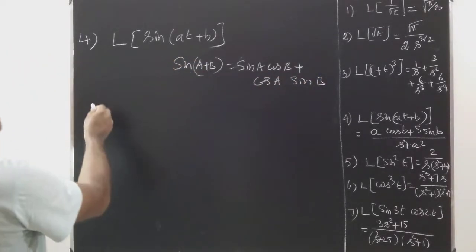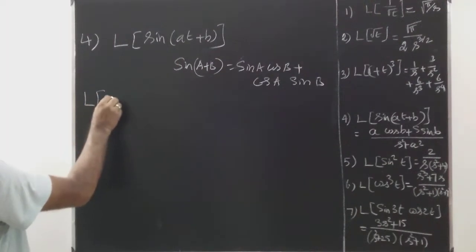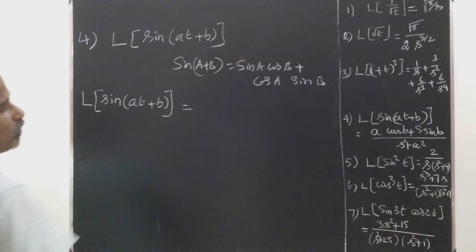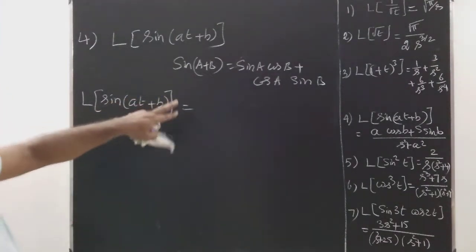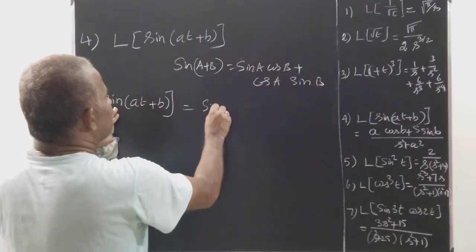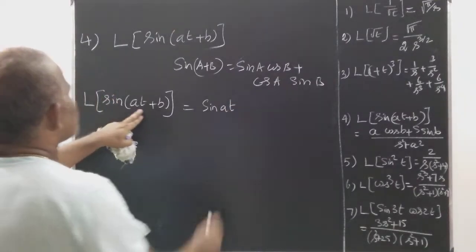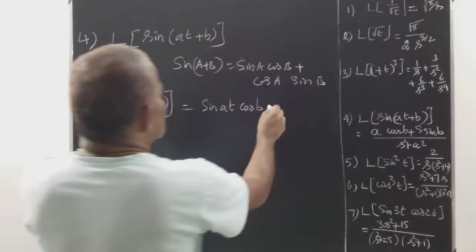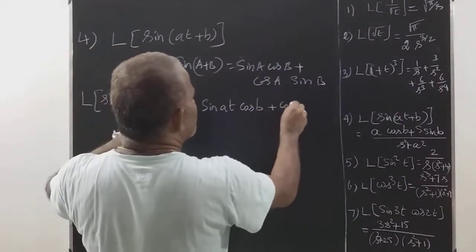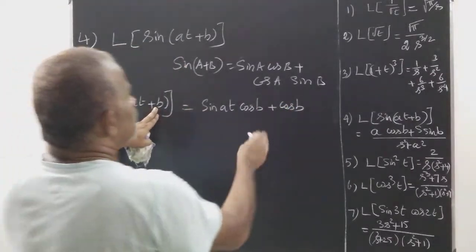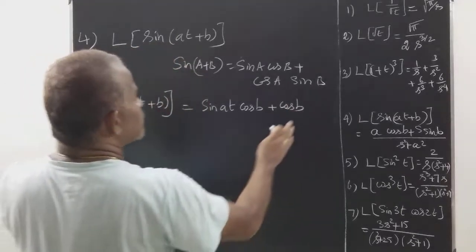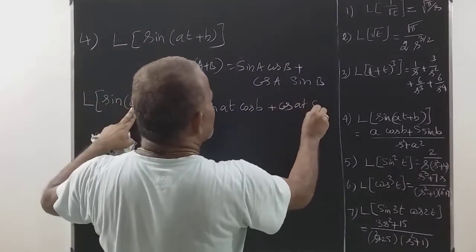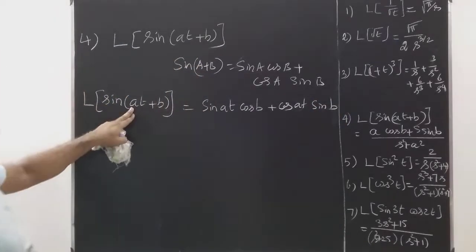So therefore, Laplace transformation of sine of at plus b is equal to sin at cos b plus cos at sin b.